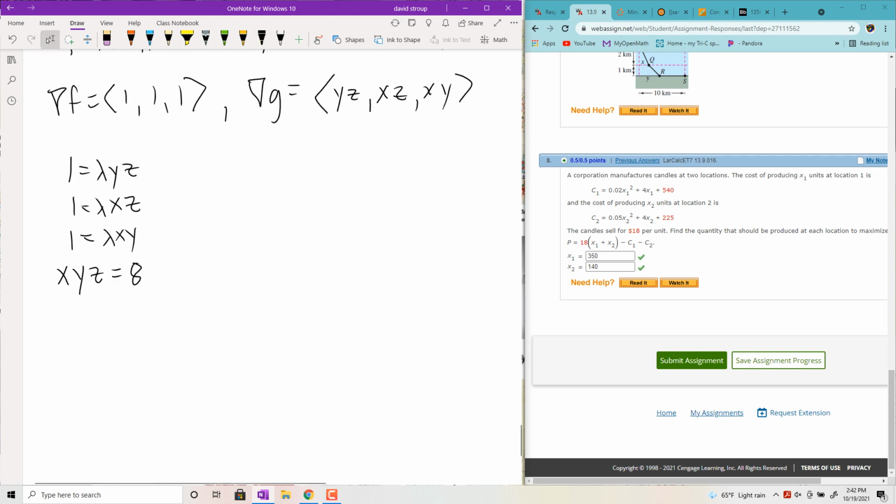So what you can do is solve these things for x and y. So I can say xy equals 1 over lambda.